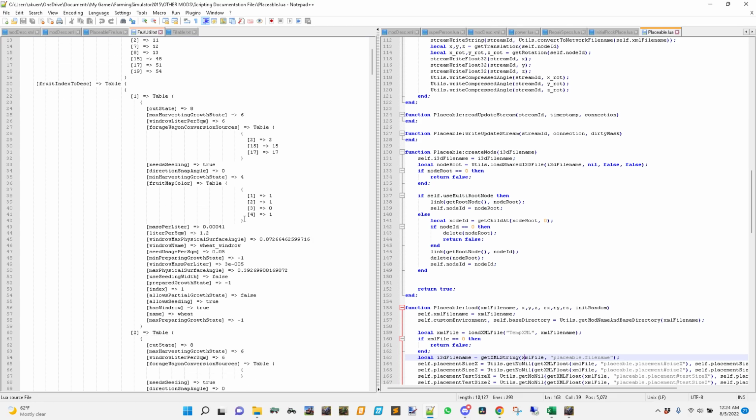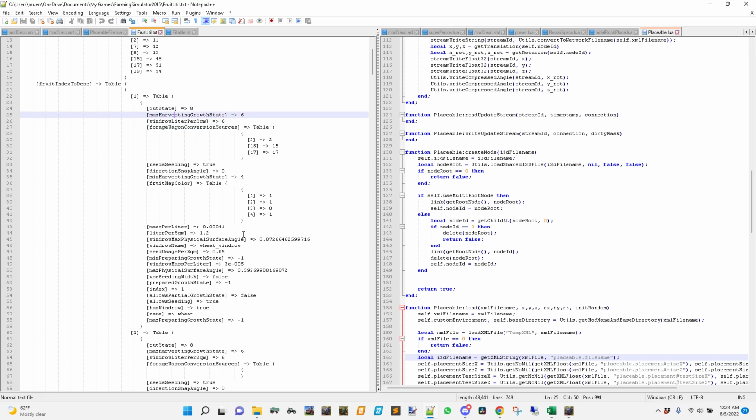We'll just look at one here. This one is for wheat, but it has all the data in here that the game needs to know how to handle the crop of wheat, when the player's allowed to, or what the cut state is after the player cuts it, which texture number to use, max harvesting growth state.